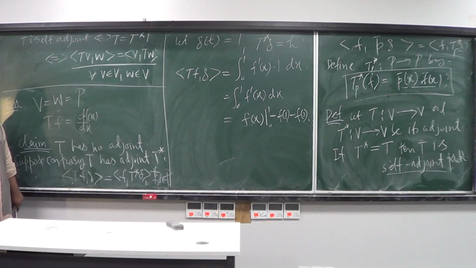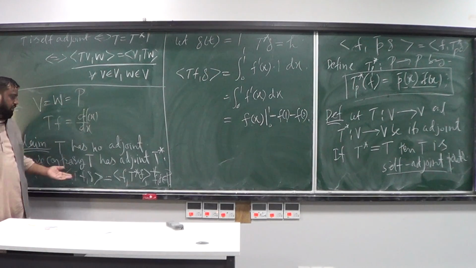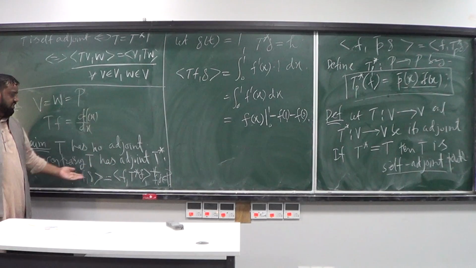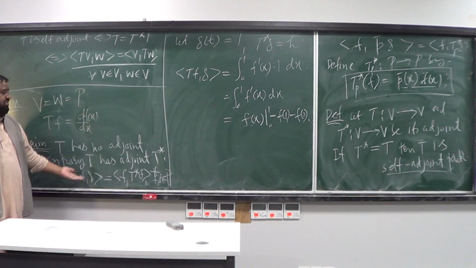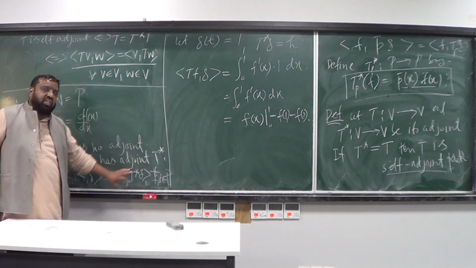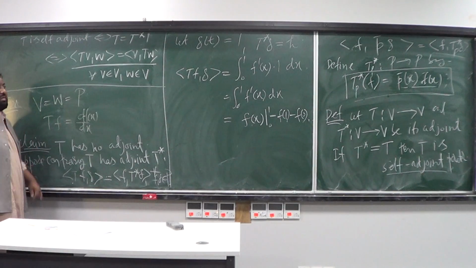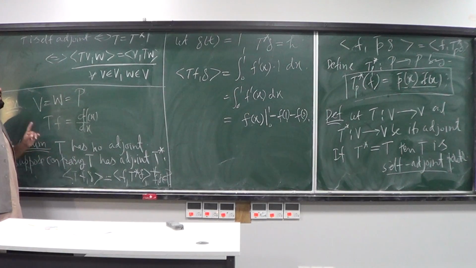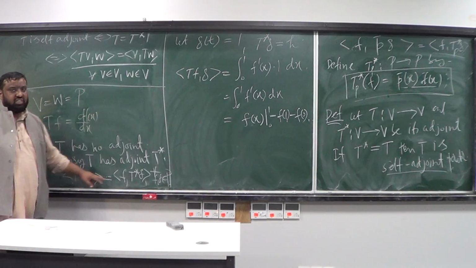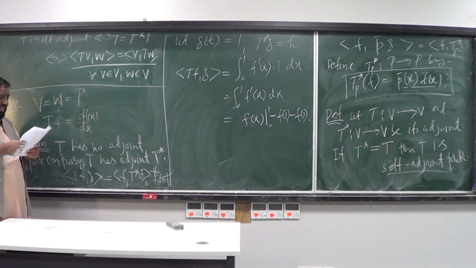If we can show that there is one f and one g for which this does not hold, then T star is not an adjoint. But since T star is an adjoint, this must hold. This will lead us to a contradiction, because I'm going to choose f and g for which this does not hold, and hence that would be a contradiction to the adjointness.